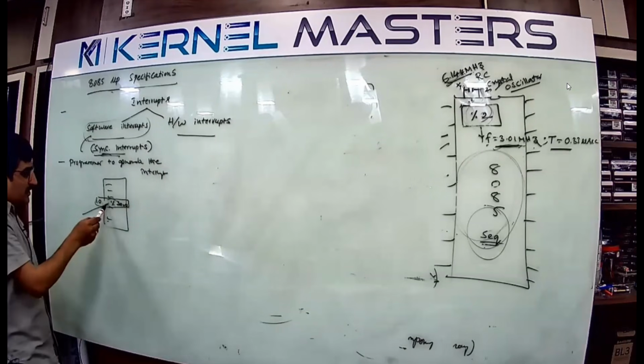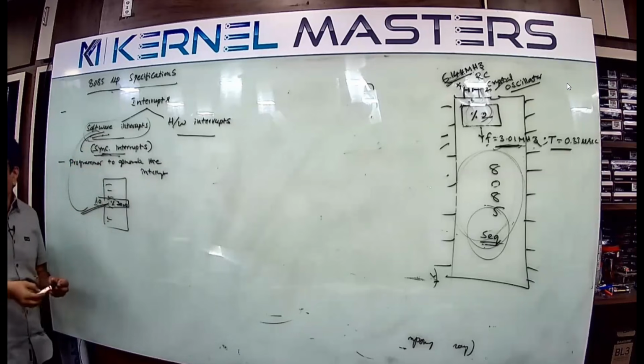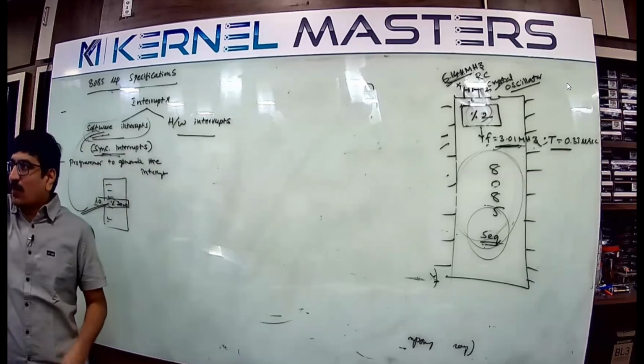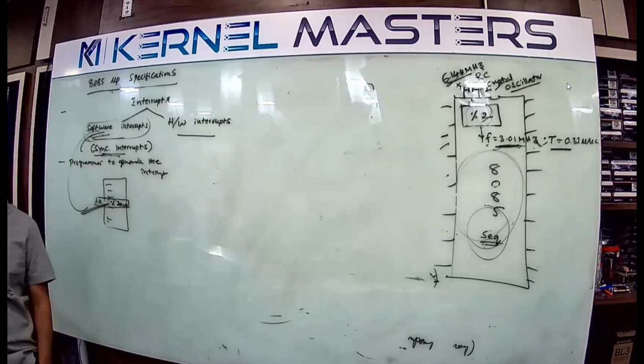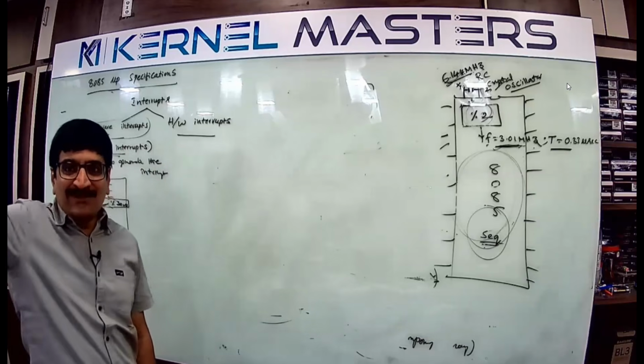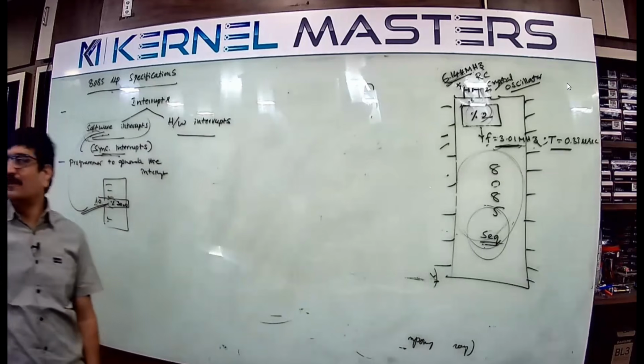Divide by 0 is the best example of a software interrupt. The program runs line by line, but because of the programmer's mistake at line number 10, the interrupt occurs. That is called a software interrupt.